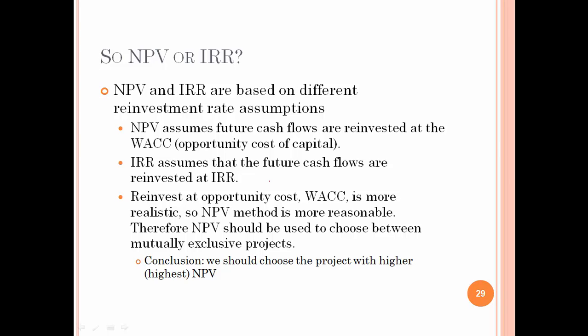Generally, reinvesting at the opportunity cost, the WACC, is more realistic, so the NPV method is usually considered more reasonable, and NPV should be used to choose between two mutually exclusive projects. So we can reach a conclusion that we should choose the project with the higher NPV, and which project has the higher NPV also depends on what level of WACC we are using.